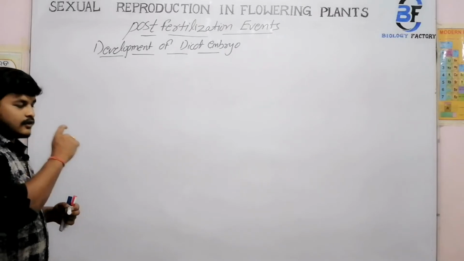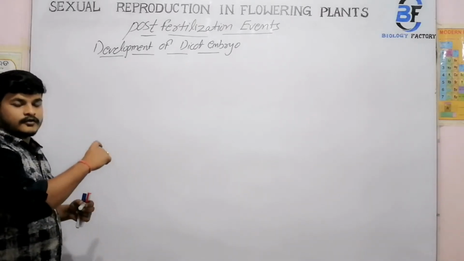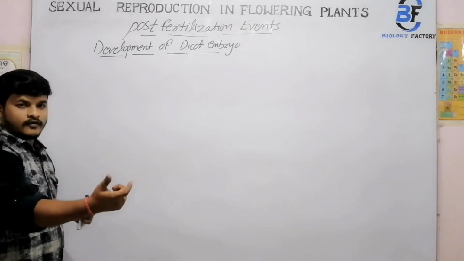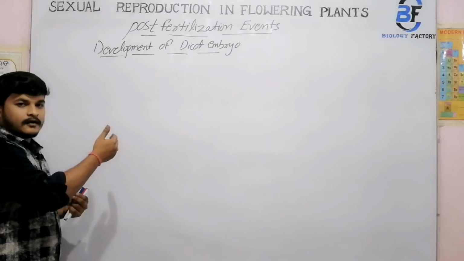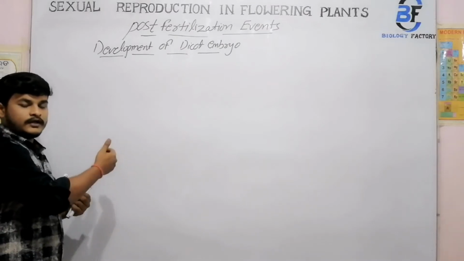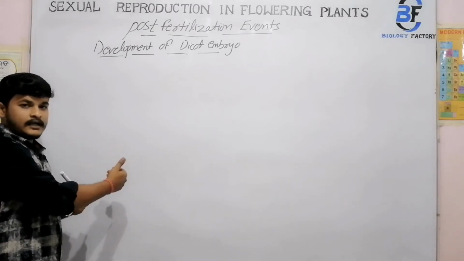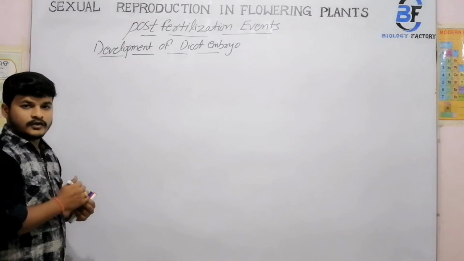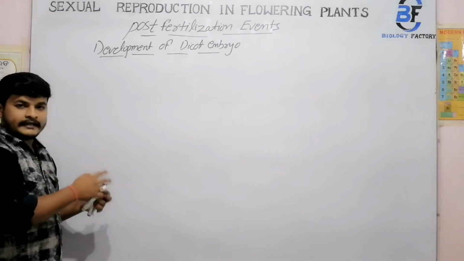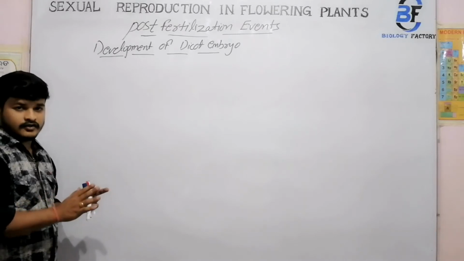The zygote gives rise to the embryo. On the other hand, the two polar nuclei fuse with another male gamete, triple fusion takes place, and it results in the endosperm. So the total process is known as double fertilization. All these things we already discussed.